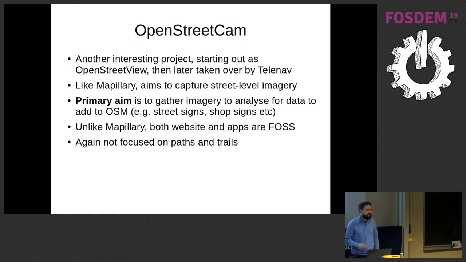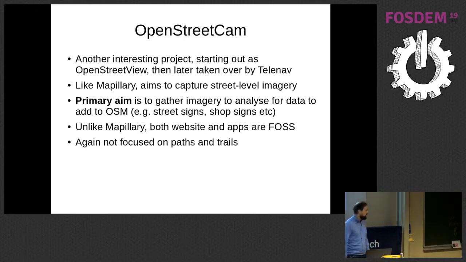Its focus is mostly, and this is a very good focus, but it's slightly different to what I'm aiming to do, to capture street level imagery to then use AI techniques to analyze that imagery for things like street signs, shop signs and so on, so that that data can be contributed to OpenStreetMap. So obviously it's a very good project with a very good aim, but slightly different to what I'm doing.